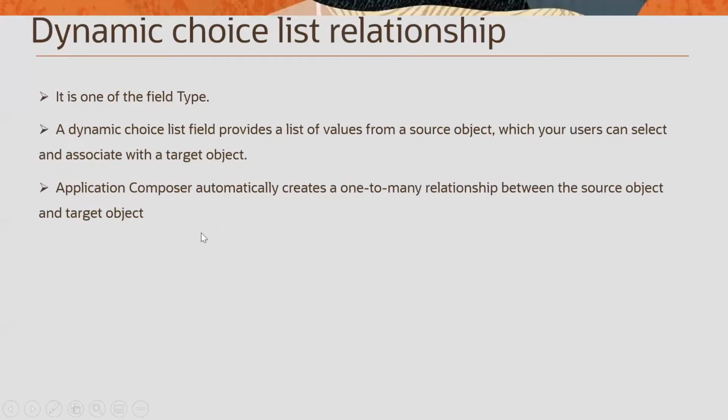In Application Composer, once we create this dynamic choice list, in the backend it will create a one-to-many relationship between the source and target object.